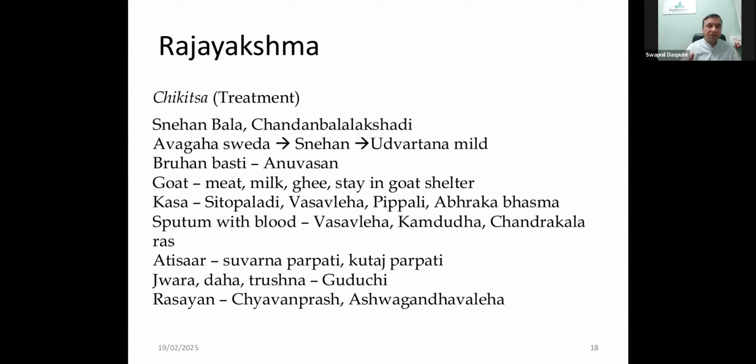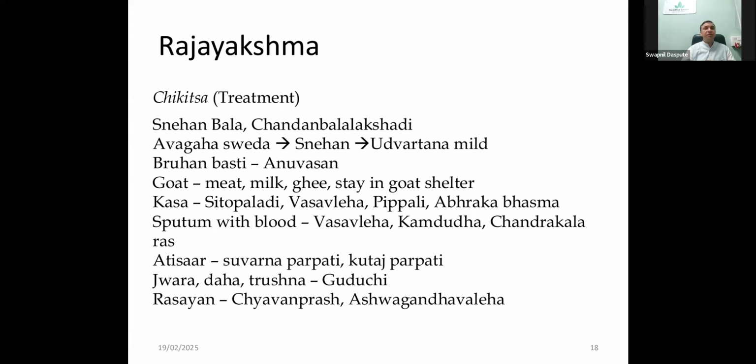If there is Daha, a burning sensation, then Kamdudha Mauktik Yukta with Pearl Bhasma will be good. Chandrakala rasa is good for sputum with blood; it is cooling in nature and will pacify pitta faster and more efficiently.